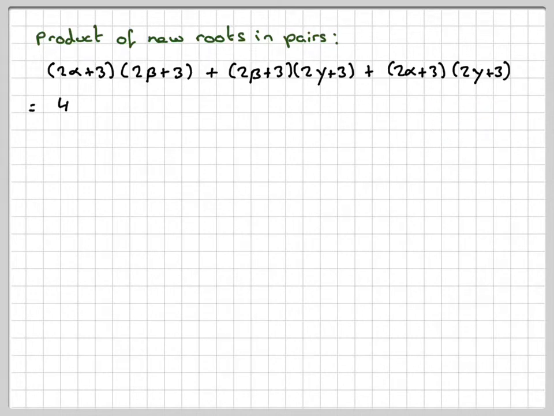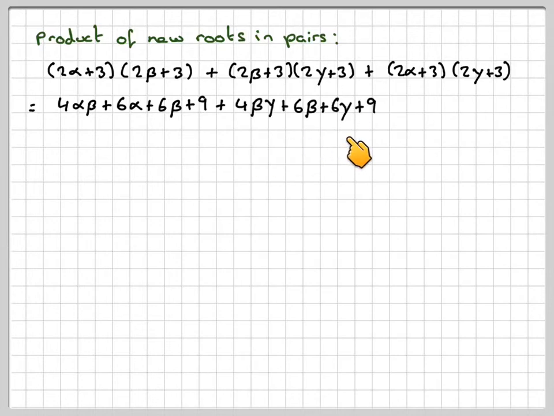So multiplying out, it's going to be 4 alpha beta, 2 times 3 alpha will give you 6 alpha, 3 times 2 beta will give you 6 beta, plus 9, and then repeating that process for each of these. It gives you 4 beta gamma plus 6 beta plus 6 gamma plus 9, and repeating it for that gives you 4 alpha gamma plus 6 alpha plus 6 gamma plus 9.